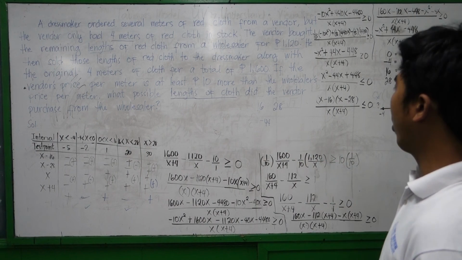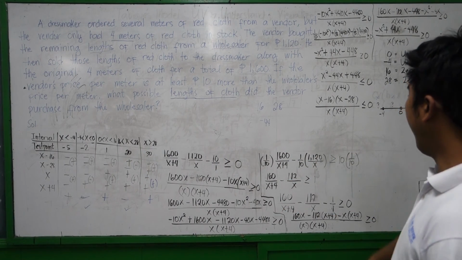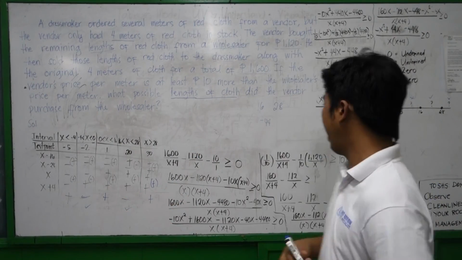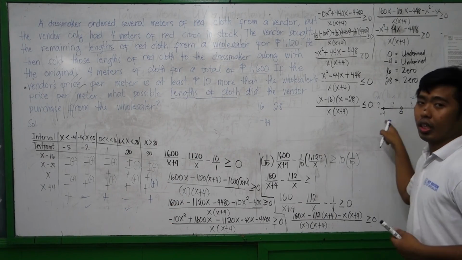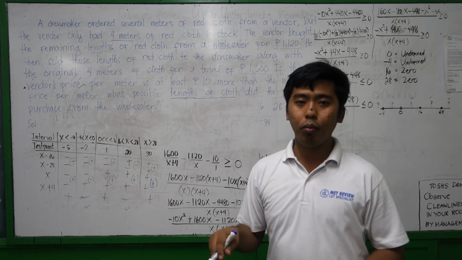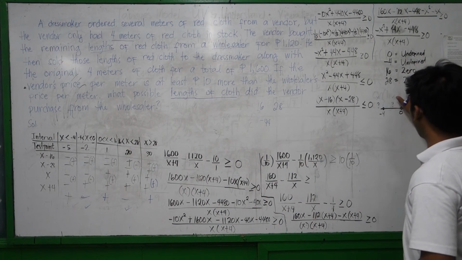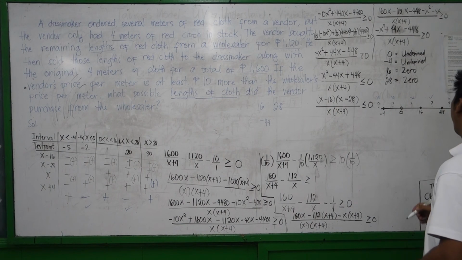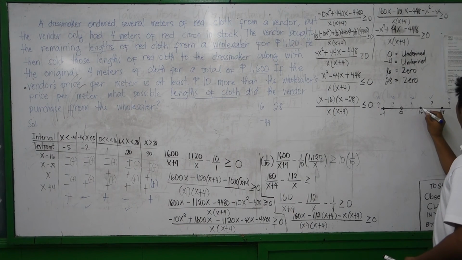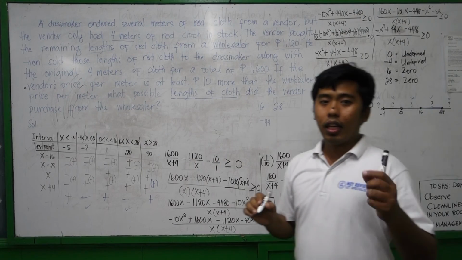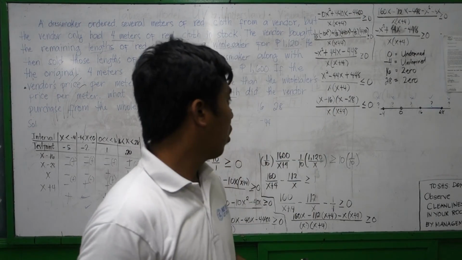Length of cloth, ang x. Pwede na mag-negative ang length of cloth? Diba? Dili pwede mag-negative. So, meaning, bisan pag-part siya sa solution set, di gihapon siya pwede nato i-part as the answer, kay dili man pwede mahimong negative ang length of cloth. So, the answer would be in between 16 to 28.